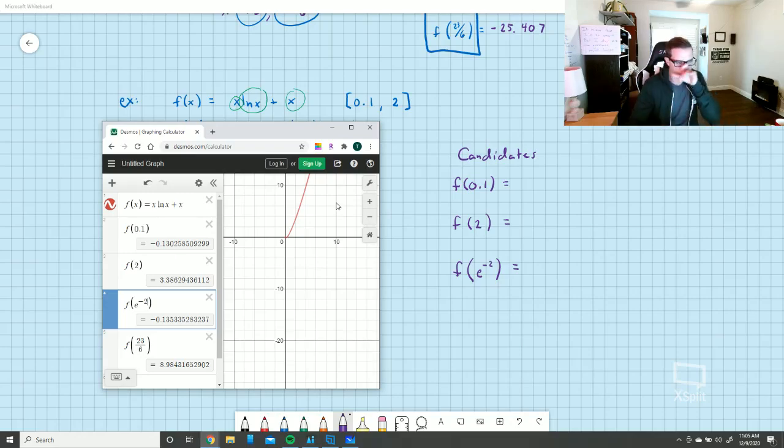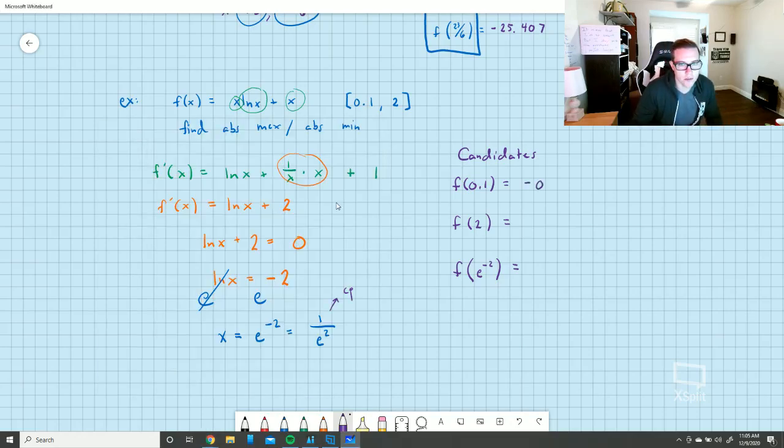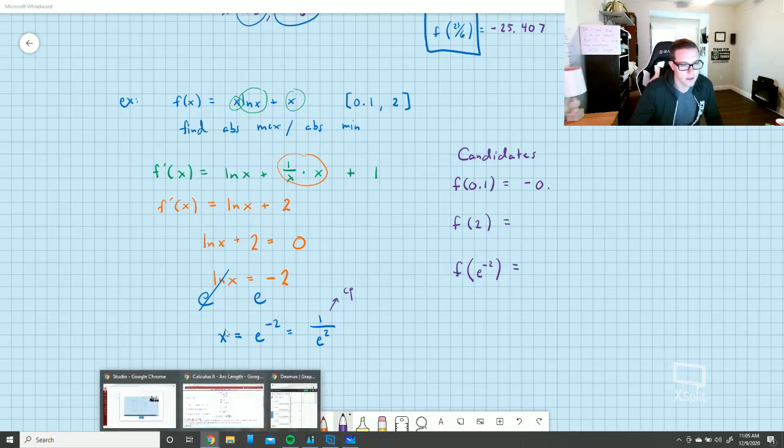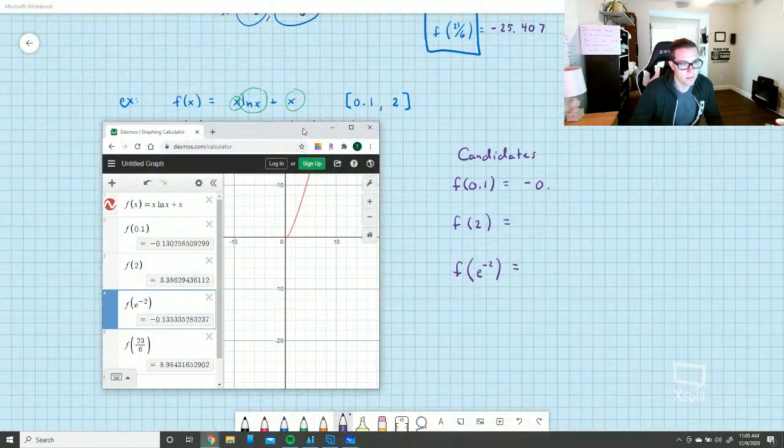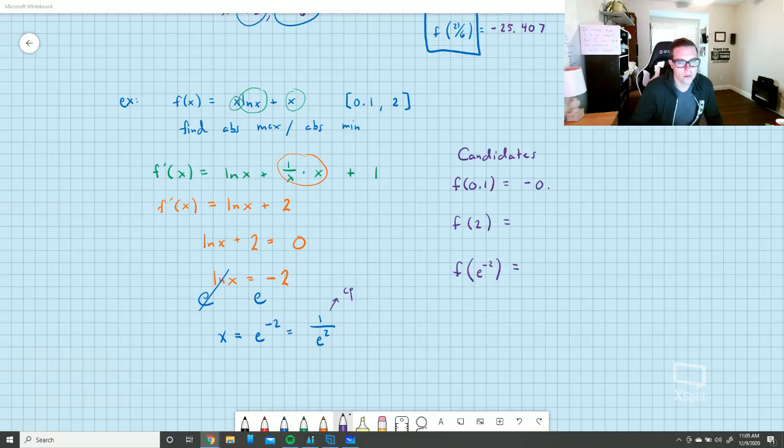So check it out. At 0.1, we have negative 0.13002. F of 2, we have the value of 3.386. F of e to the negative 2, we have negative 0.1353.